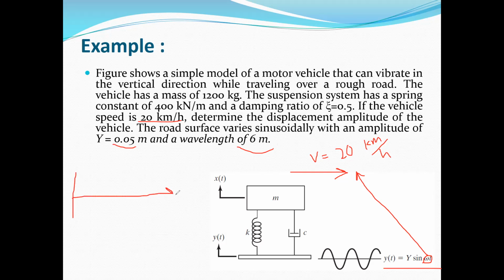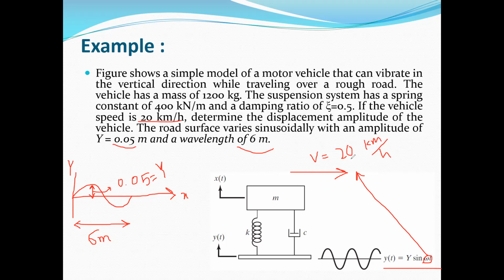It means that if you plot this road curve against x, which is the displacement, we will have a curve like this, where this length is the wavelength, 6 meter, and the amplitude of this wave or this height is equal to 0.05, which is in fact called the amplitude Y. So the form of the road surface can be assumed something like this, with the wavelength 6 meter and the height of a wave about 0.05 meter.